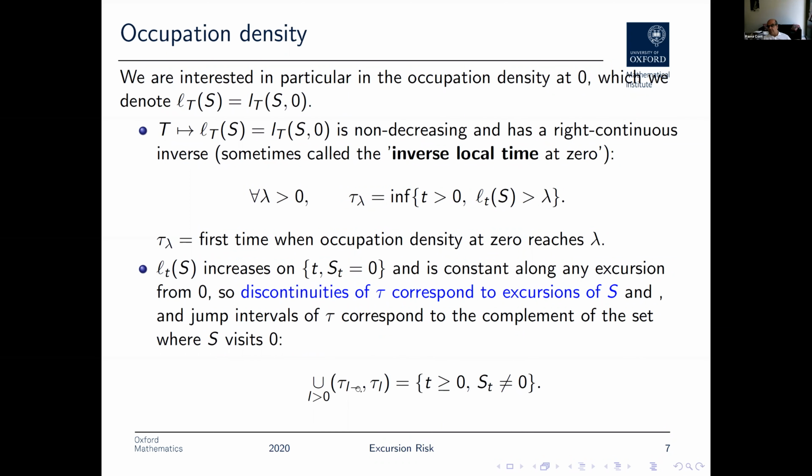So this means that this occupation density and its inverse, what we call the inverse local time at zero, tau, give you a way of labeling the excursions of S. Along each excursion of S, L_t is constant, so the occupation density is constant, and each excursion of S corresponds exactly to one jump of tau.